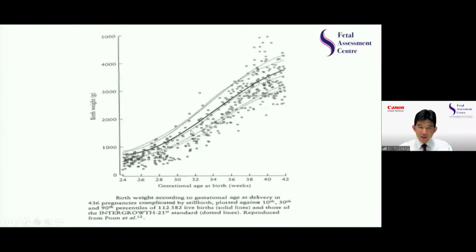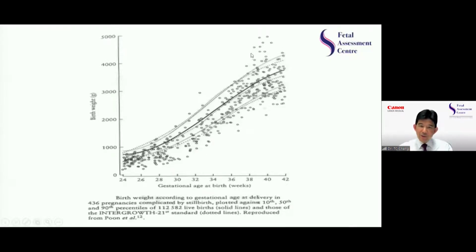And you can see from her data here, these are all plots of babies that were stillborn, plotted against the growth charts. And you can see that before 32 weeks, a lot of them were small. You can see that distributed down here below the mean for sure in most of them.